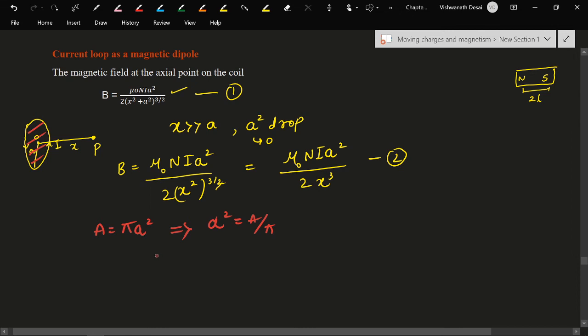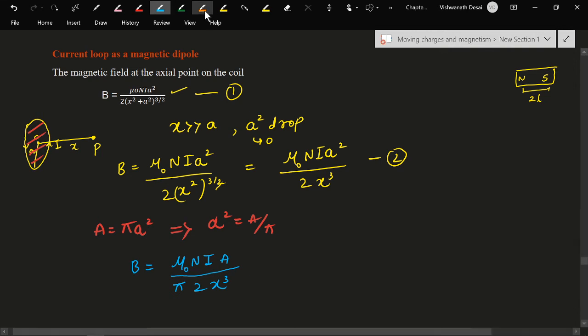Now equation 2 becomes mu naught n I, with a square replaced by A divided by pi in the denominator, and the remaining term x cube as it is.